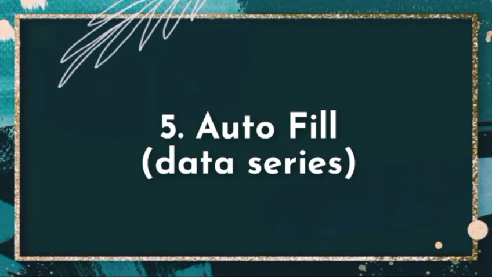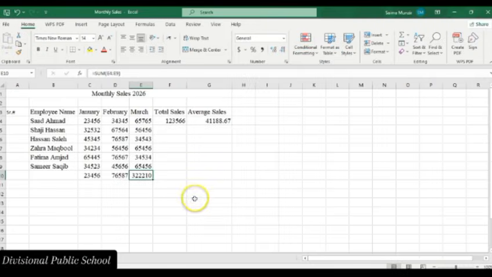Now we will learn to use autofill feature. It is a very smart feature of Excel. It allows us to copy sequential data or formulas by dragging the fill handle. Now move the cursor to cell F4 in which we have written the sum function. Now place the mouse pointer to the lower right corner of the cell.